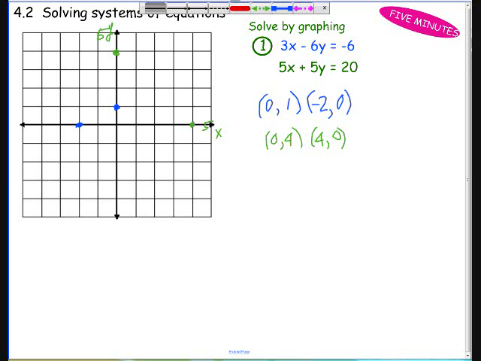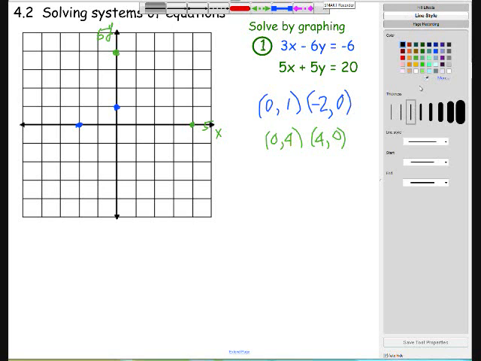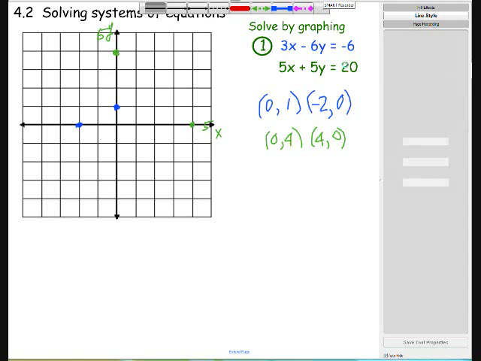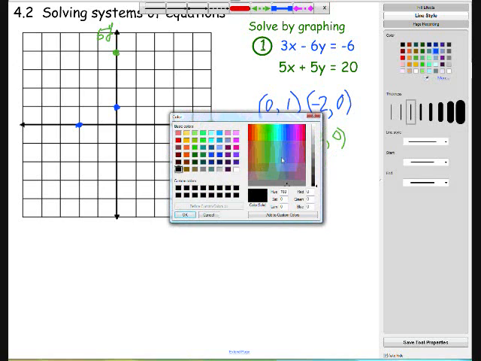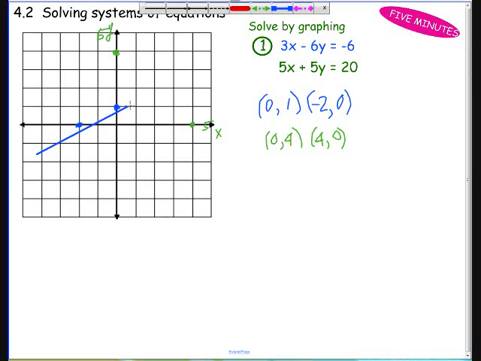And I'm going to actually do a straight line. I'm going to do my blue line first. Yes, blue, blue, blue. Okay. I'm going to try drawing a line here. And what I do, I try to get that slope correct. And then I can move it into position.